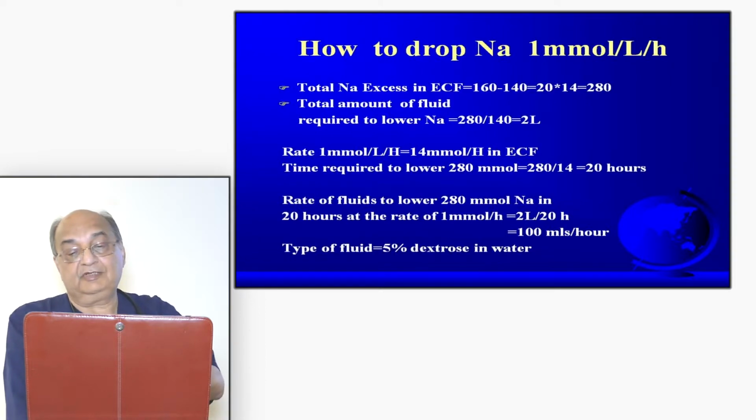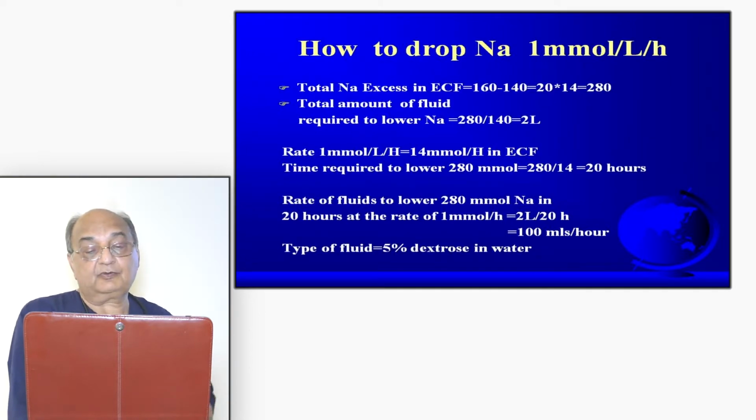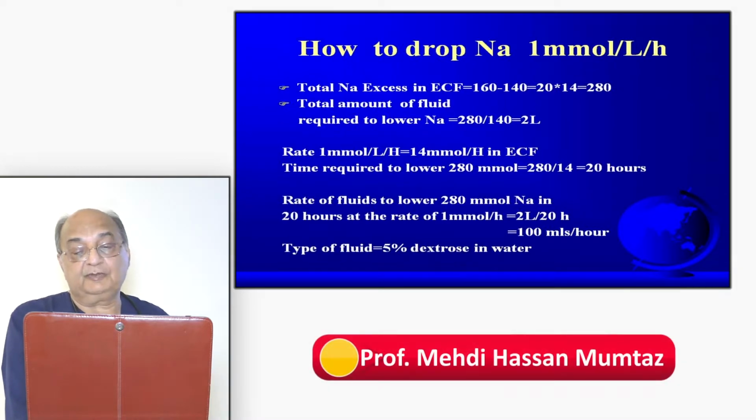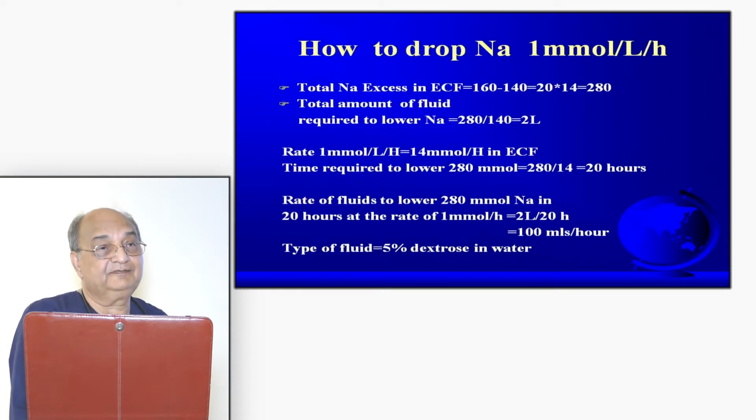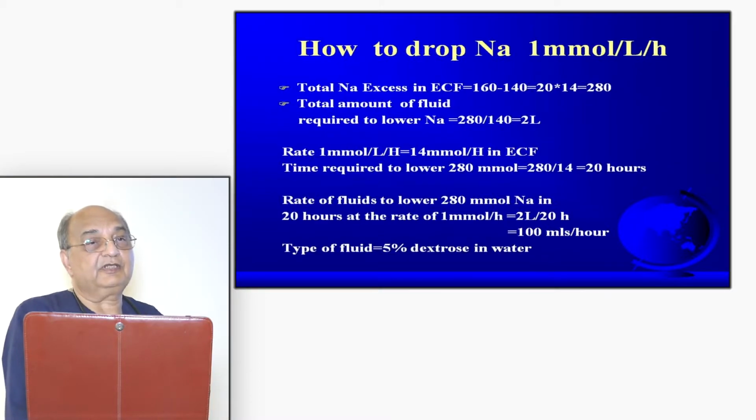So if you divide, the total required to lower is 280 millimoles divided by 14, which comes out to be 20 hours. It means you give this 2 liters of fluid in 20 hours. 2 liters divided by 20 hours means you will give 100 ml per hour.